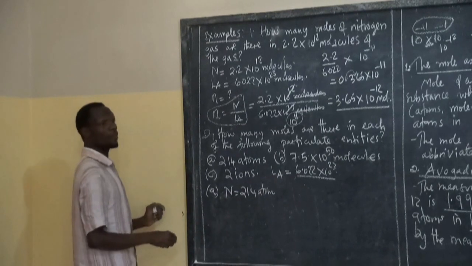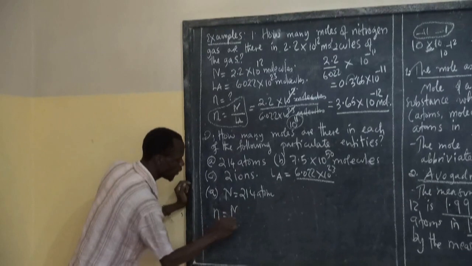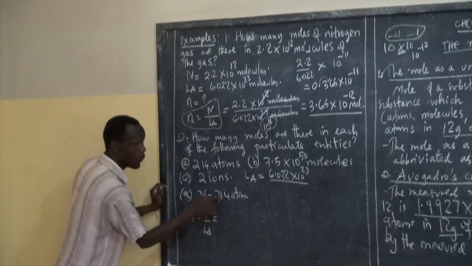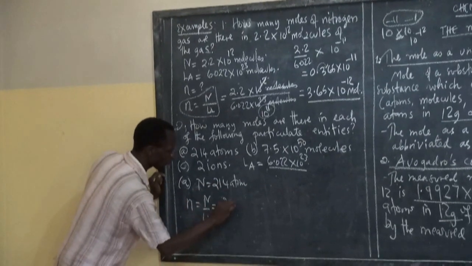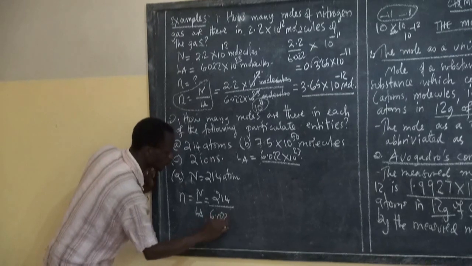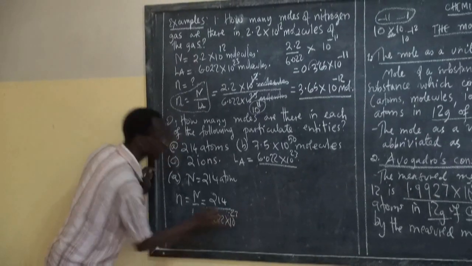Then we are looking for the number of moles, the amount of substance. n is equal to N over L, where N is the number of particles, which now is 214 over L, 6.022 times 10 power 23.